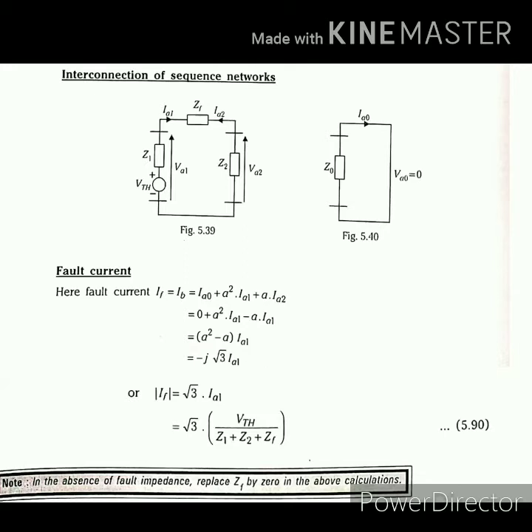So when we take the magnitude, we get IF equal to root 3 into IA1, and IA1 from the diagram, from figure 5.39, we get as the voltage VTH by the total impedance Z1 plus ZF plus Z2.